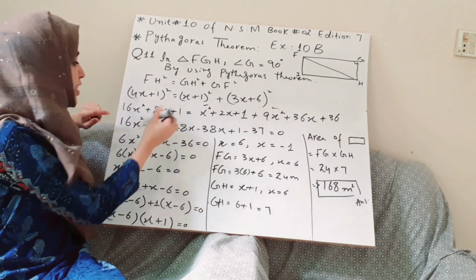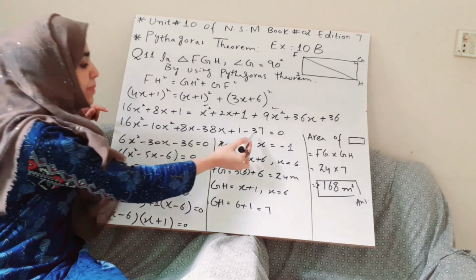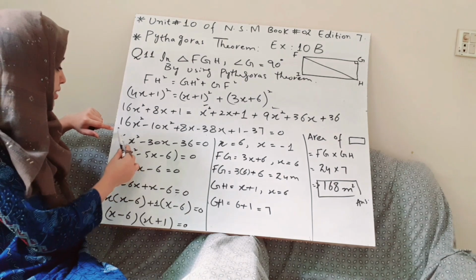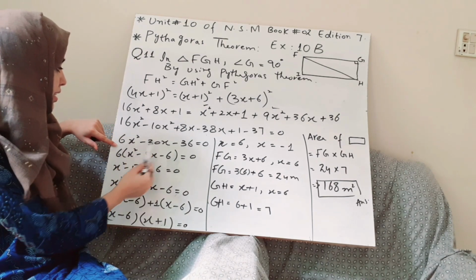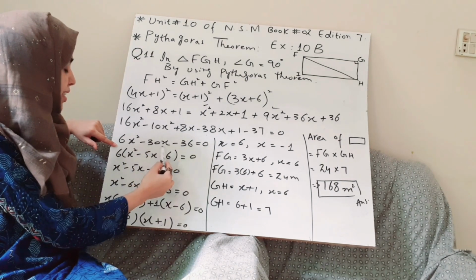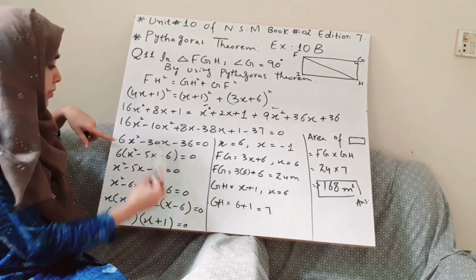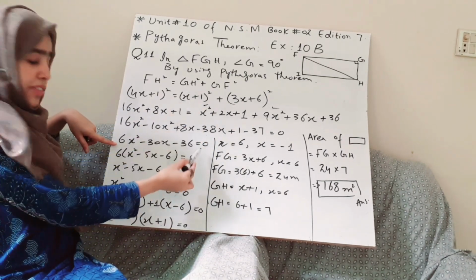When it is shifted to this side, it will be minus 37, equal to 0. After solving it, 16x square minus 10, it will be 6x square, it will be 30x, and it will be minus 36. So the equation looks like this after simplifying.